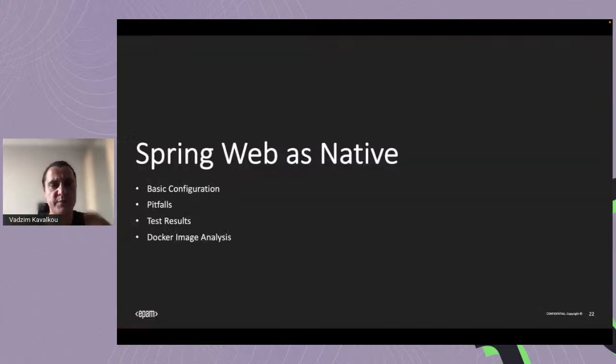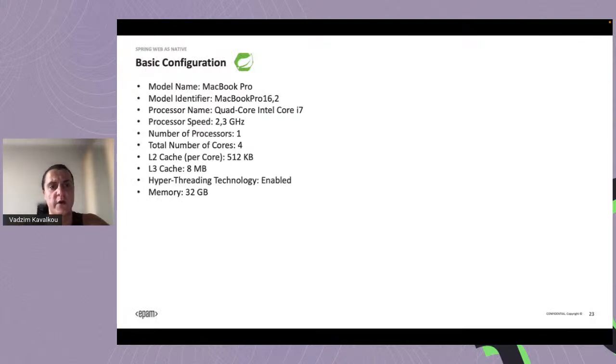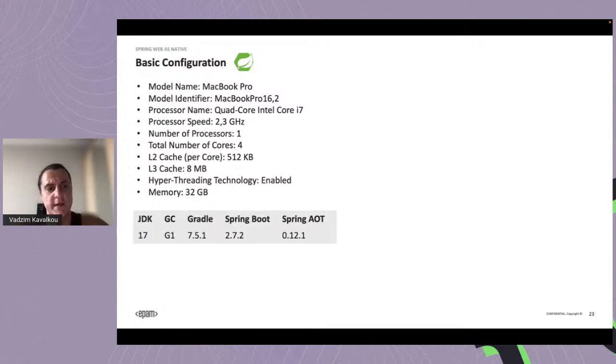Okay, what about Spring Web as native? I'll tell you about the basic configurations and pitfalls, test results, and Docker image analysis. The basic configurations are pretty much totally the same, with the same versions of JDK, Gradle, and Spring Boot, but I've added Spring AOT.